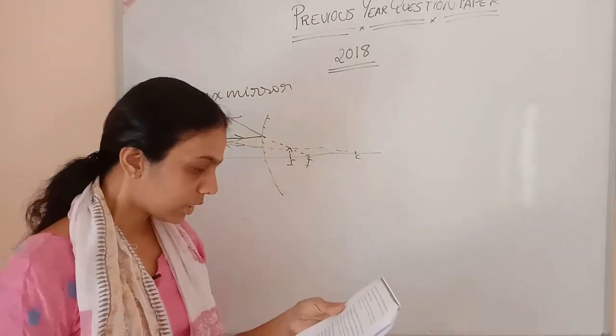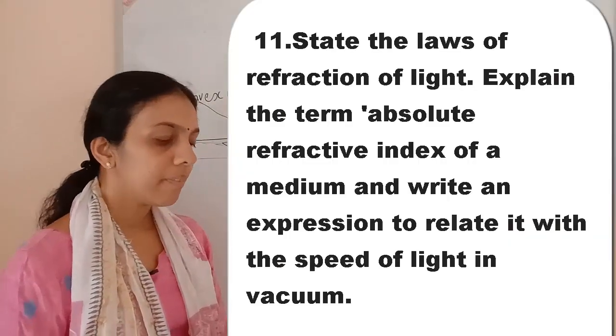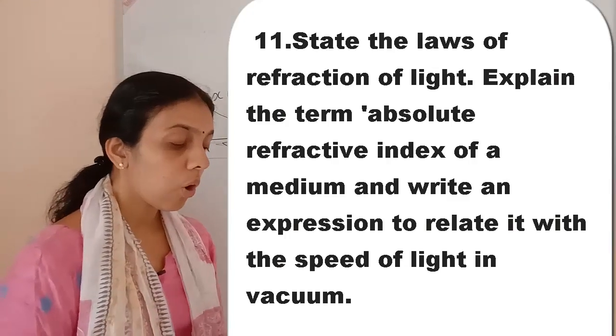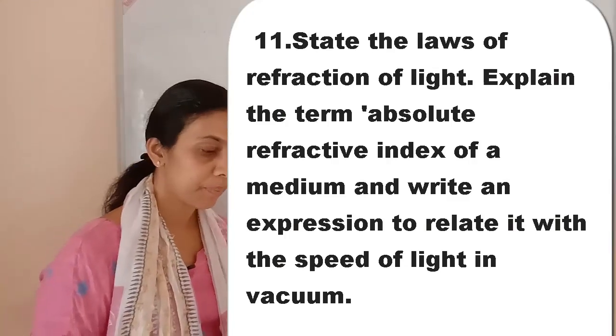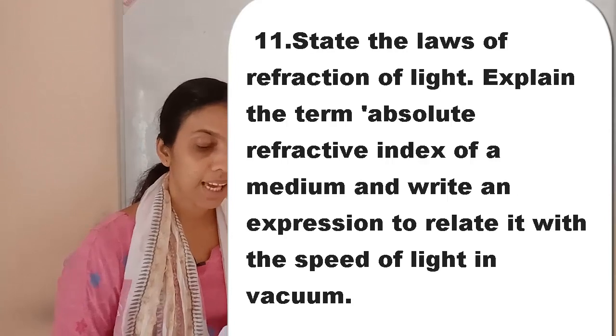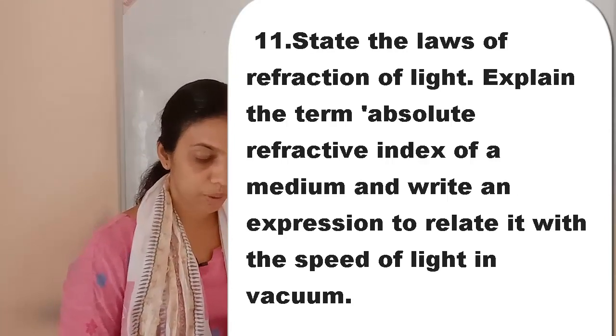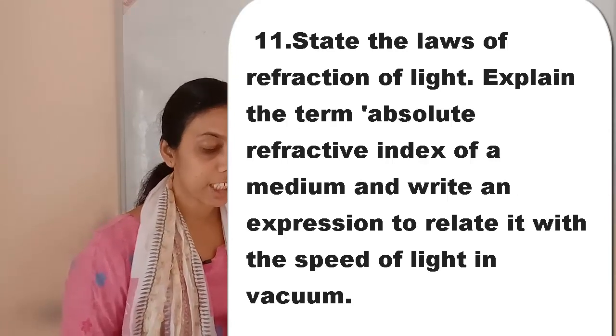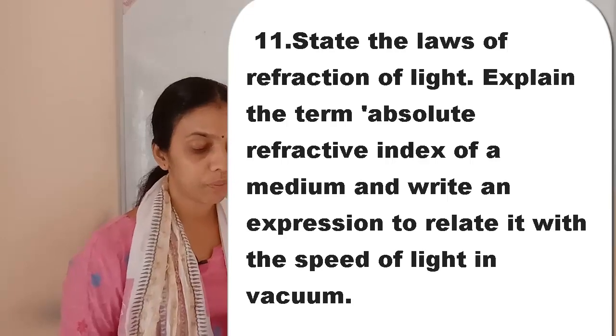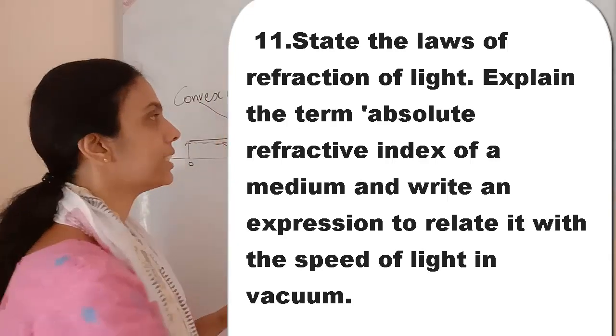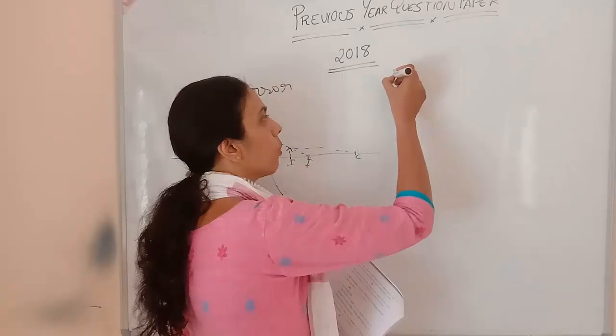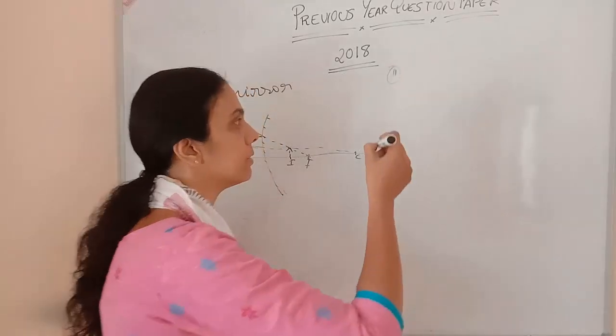The next question is the 11th one. State the law of refraction of light. Explain the term absolute refractive index of a medium and write an expression to relate it with the speed of light in vacuum. So what are the laws of refraction?